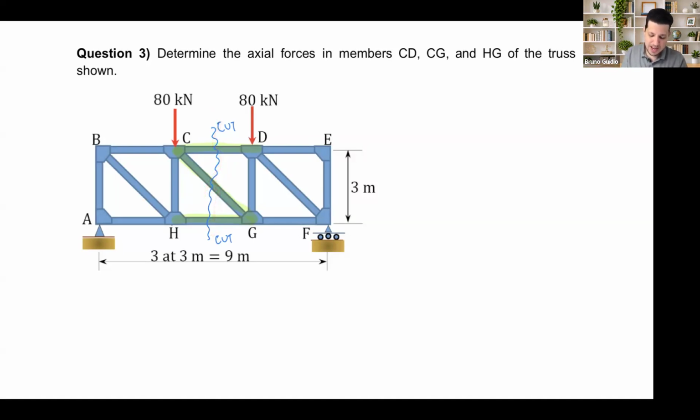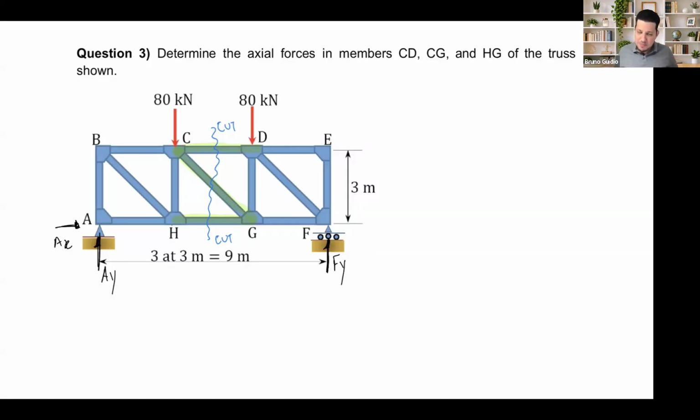With that said, let me calculate the reactions, because I'm going to use them here: AY, AX, FY.